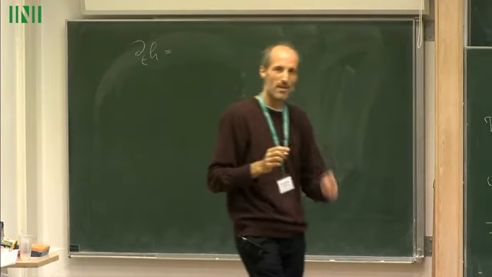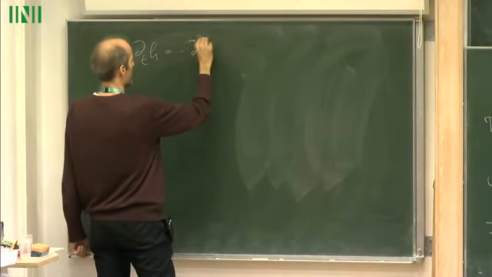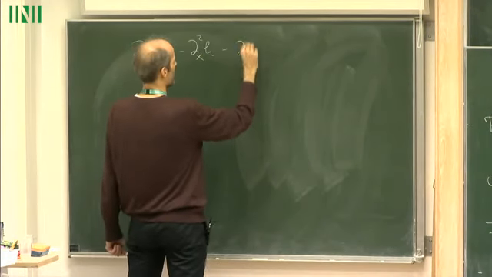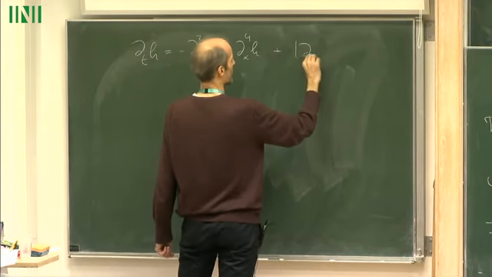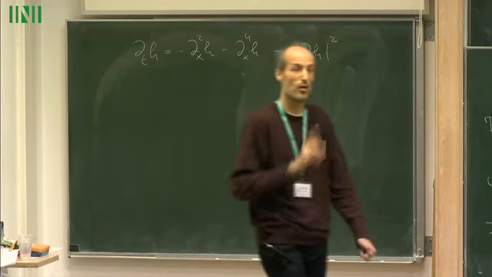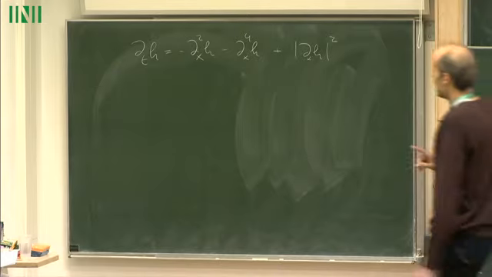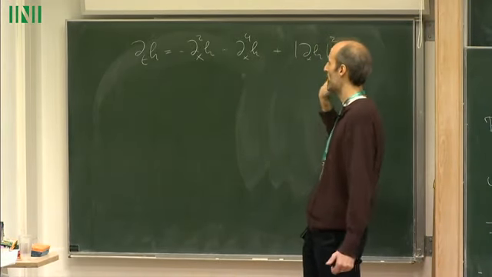It looks like the KPZ equation, but the heat equation part has the wrong sign. But then you compensate by a quartic term. So you look at this equation here, deterministic, nothing random here. It's a bit like KPZ without anything random.